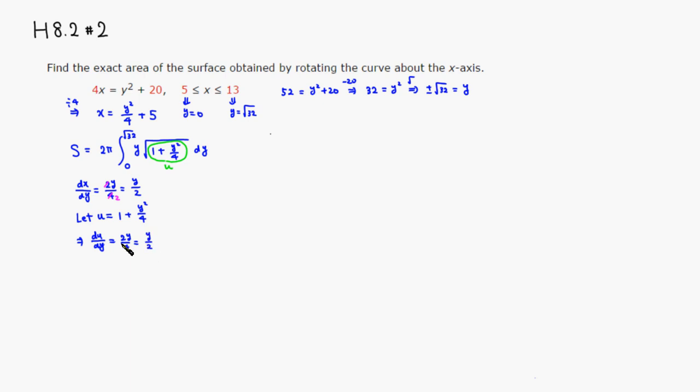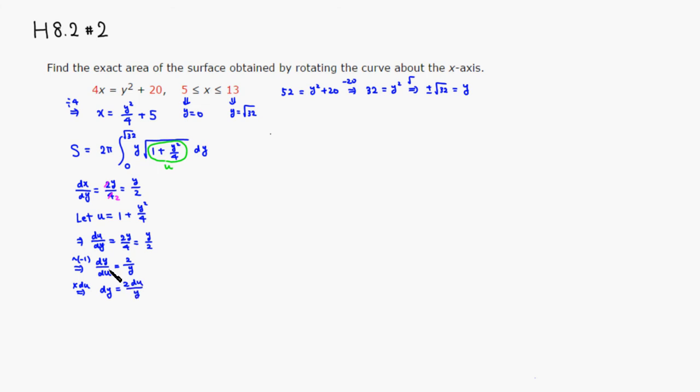We can take the reciprocal of both sides, so dy over du is equal to 2 over y. Then we multiply both sides by du to isolate dy, so dy is 2 du over y.